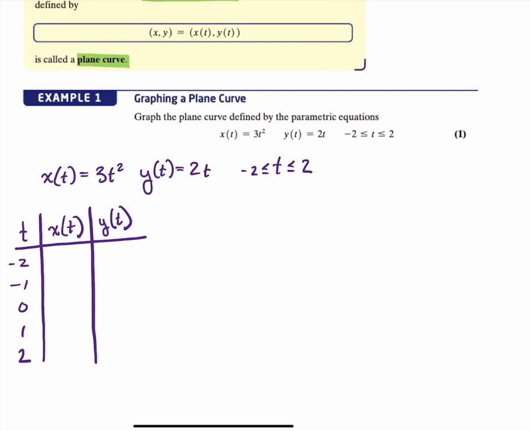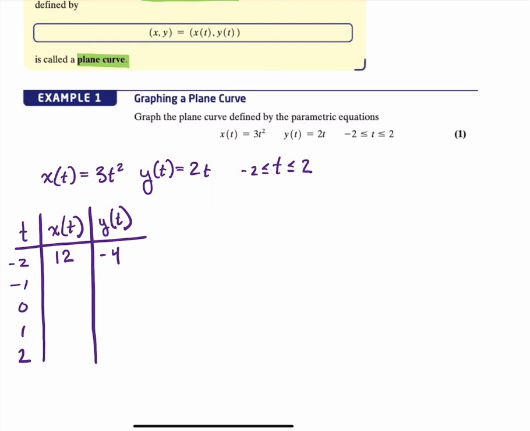So when t equals -2, I would find x of -2. So 3 times -2 squared. -2 squared would give us +4, so 4 times 3 would give us +12. And then y of -2 should give us -4 if we plug in -2 for t.